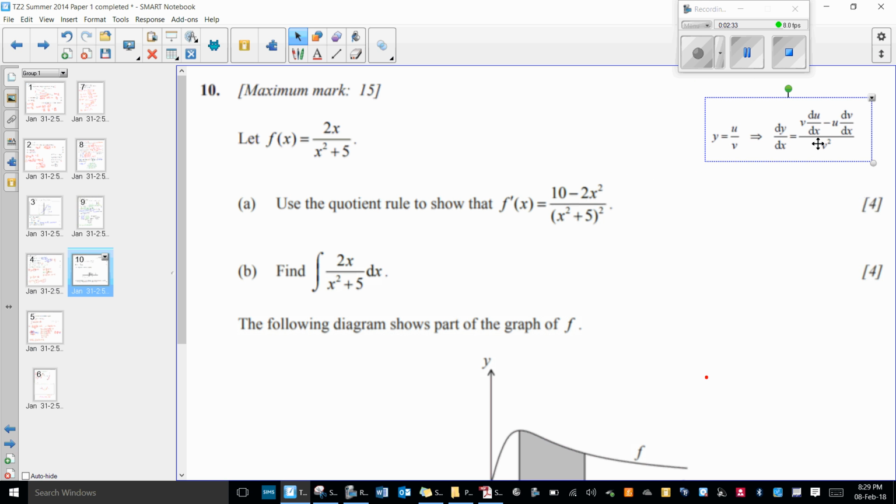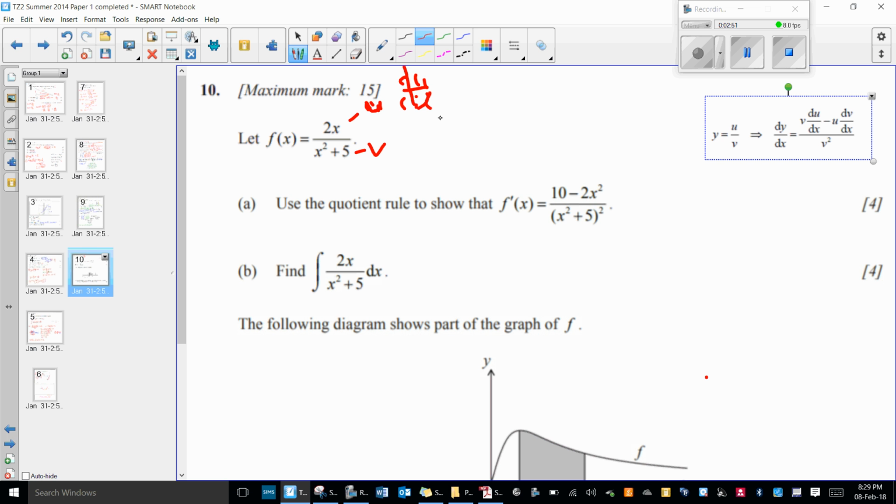Okay, so this shows us that this is u, this is v, so that means du dx is 2 and dv dx is 2x.